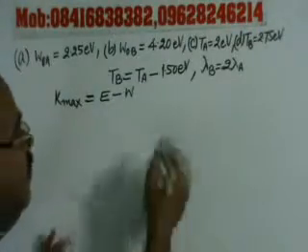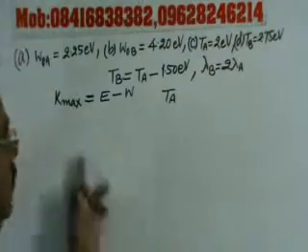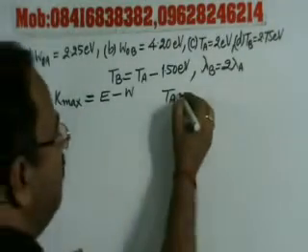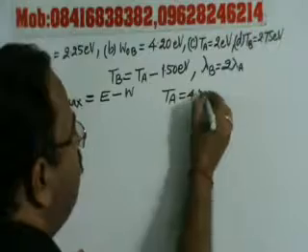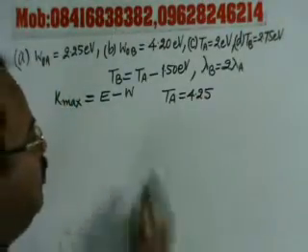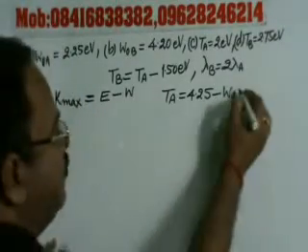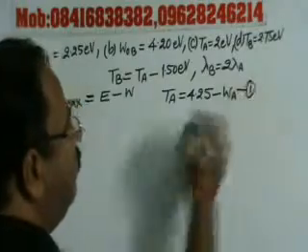So first, the equation for Ta: we can write the kinetic energy of A as 4.25 minus Wa, the work function of A. This will be equation number 1.